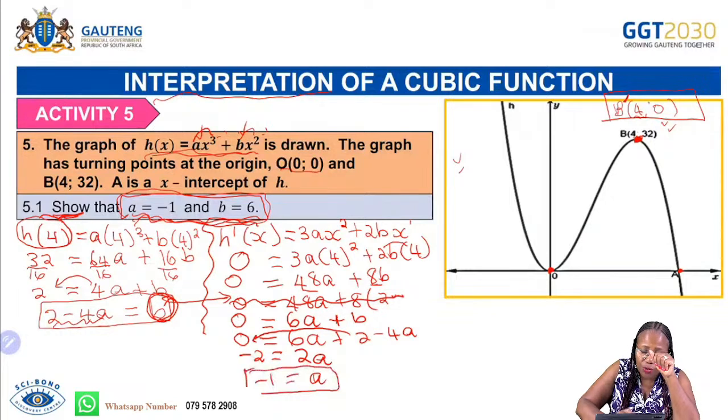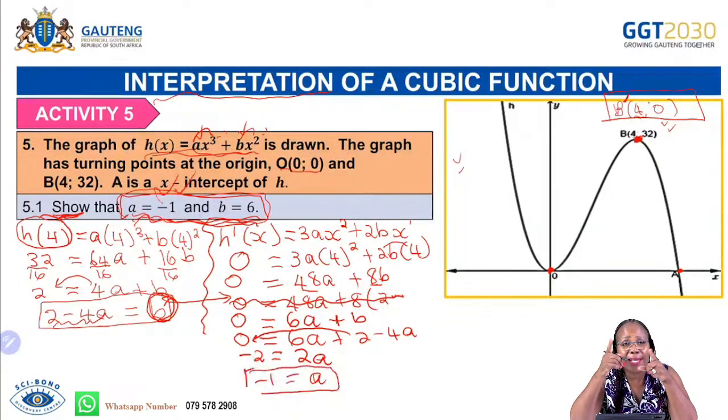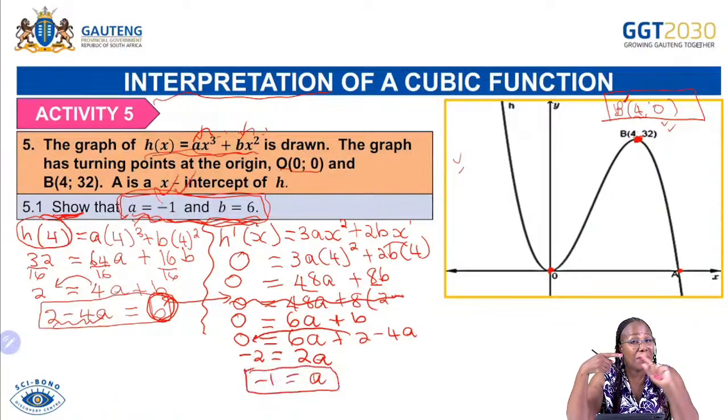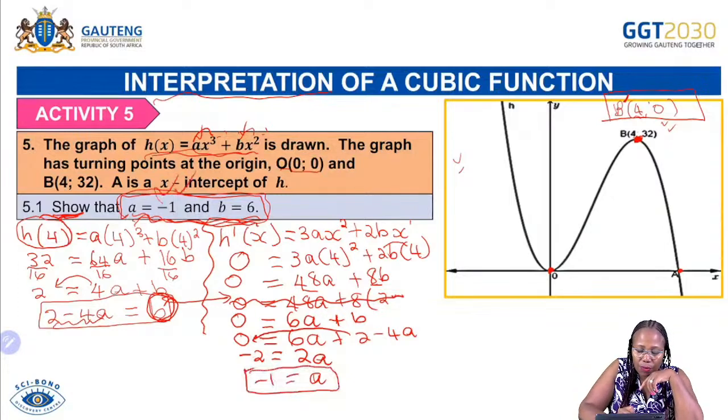Is it true, grade 12? Yes. Now, happy, can you see why we gave you that answer? So that after calculating, you check, is your answer minus 1? You can't initially use what you need to prove, okay? And then we need to also show that b is 6. We are going to take this a now. These are simultaneous equations. We will substitute a there to get the value of b.